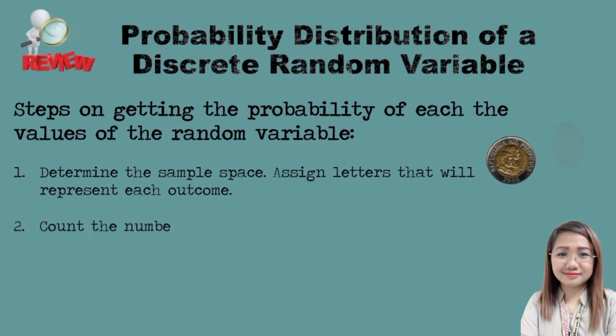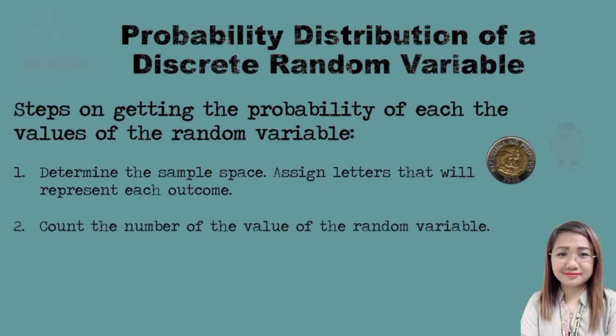Next step is count the number of the value of the random variable. In tossing 2 coins, if we let X be the number of head that would appear, the value of the random variable will be 0, 1, and 2.